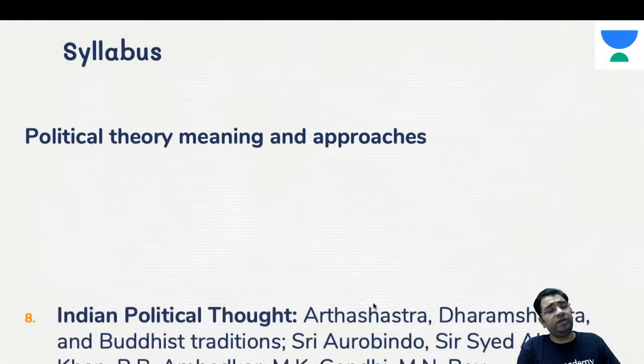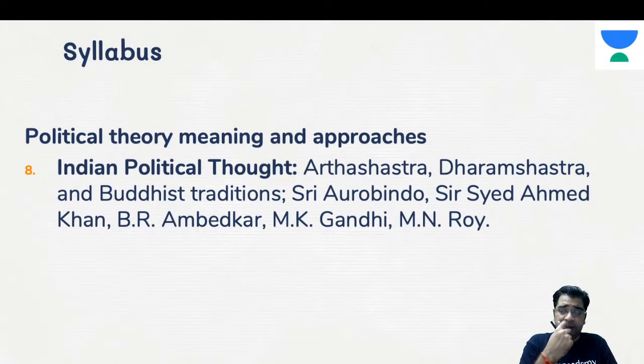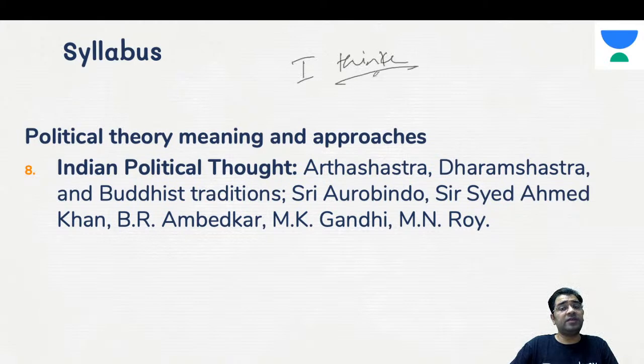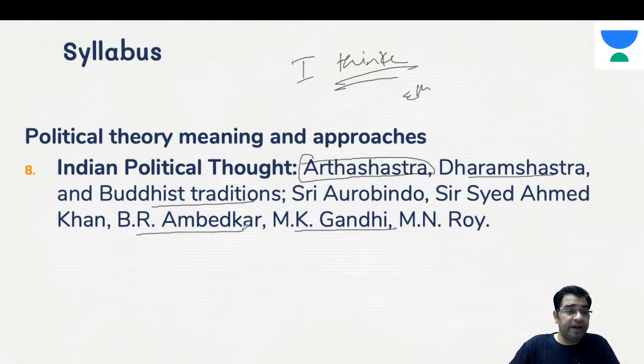Okay. So if you move to other parts of section A, Indian political thought. Over here you need to do Indian political thinkers. Of these political thinkers, you also tend to read in ethics. If you see Arthashastra, Dharm Shastra, Buddhist traditions, then you have Gandhi, then you have Ambedkar. These thinkers you are already doing in your ethics.